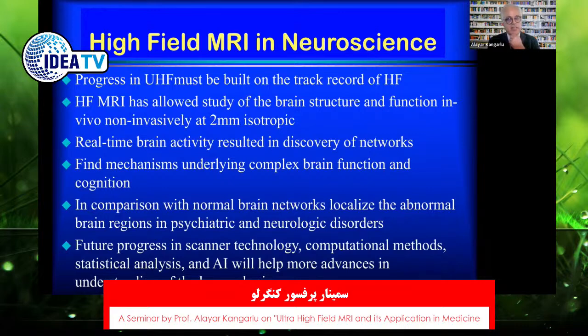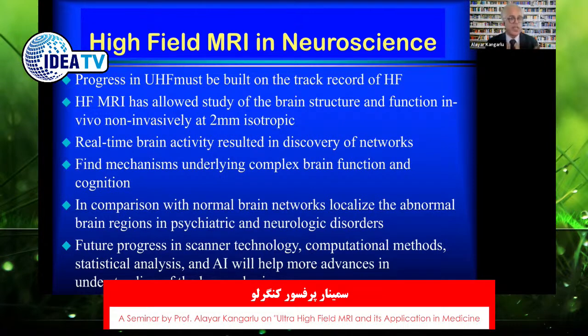I think that in a very short time, almost a decade, it has proven to be irreplaceable, given its track record. As you can see, psychology departments in the country and around the world are gaining their own dedicated MRI because of what it can do for psychology, psychiatry and neuroscience in general, because it can really monitor real-time brain activity, which has resulted in the discovery of networks and the interaction between the networks.